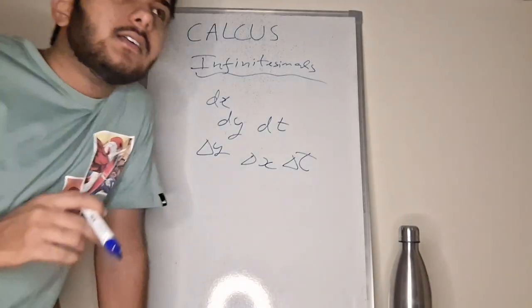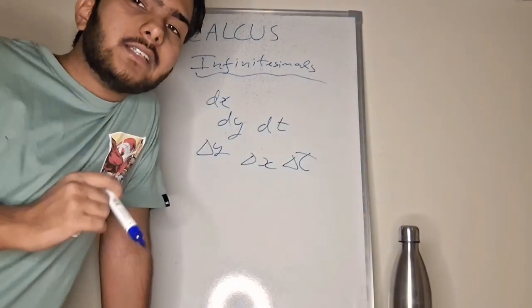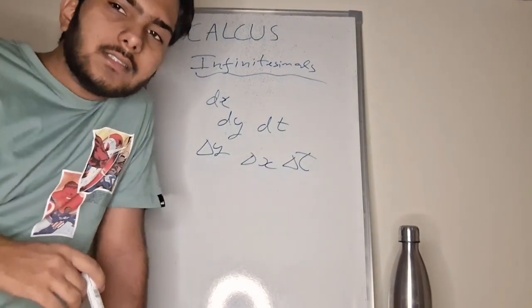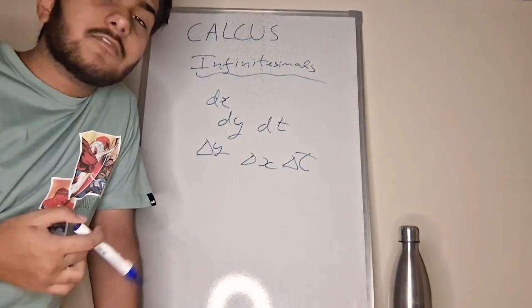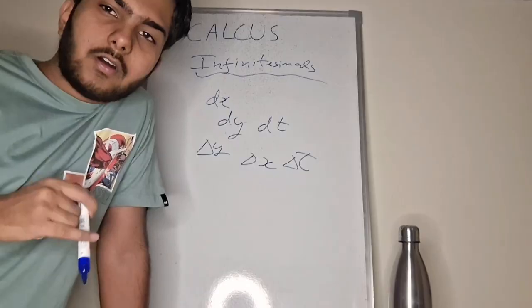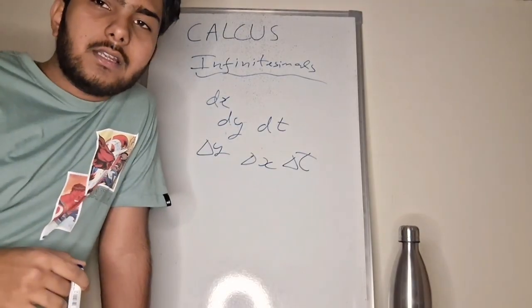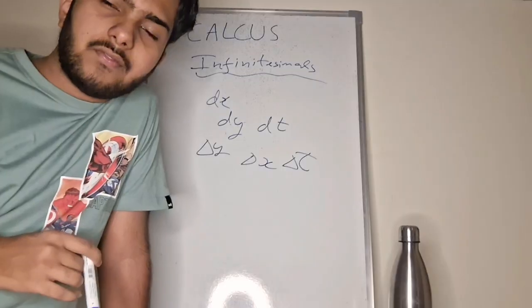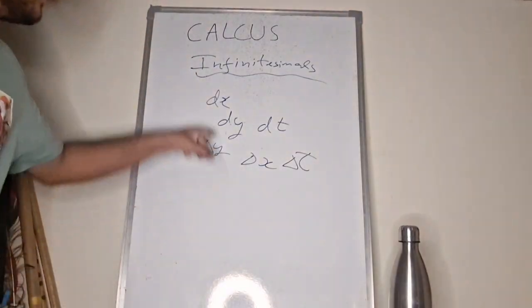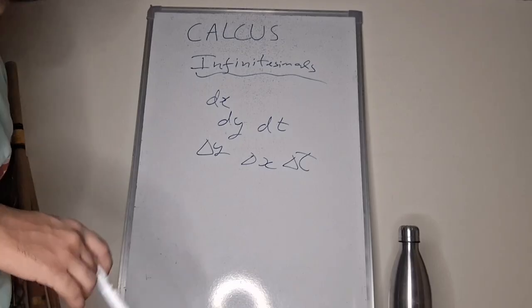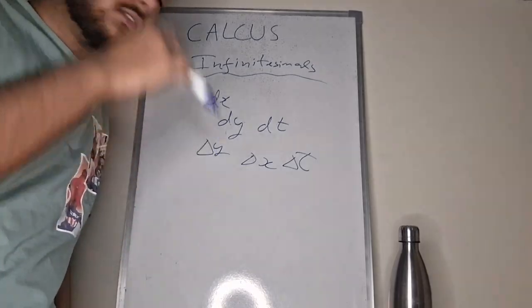What does the term infinitesimal mean in English or in mathematics? You could say it means some quantity which is infinitely small, smaller than any real number which you could think of. So it is called an infinitesimal. 0.00000.